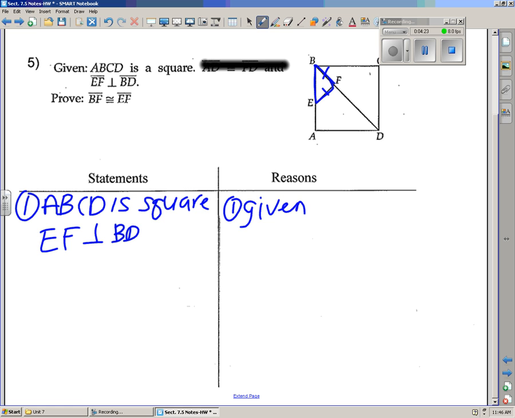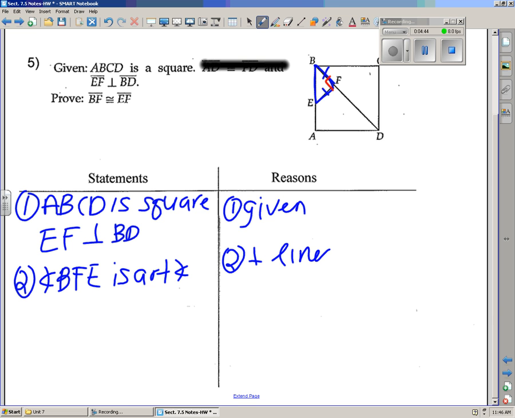So one way we can do that is we can say, well, if we've got perpendicular line segments, we know this angle right here has to be right because perpendicular lines form right angles. So we're going to say that angle BFE is a right angle. And we know that because perpendicular lines form right angles.